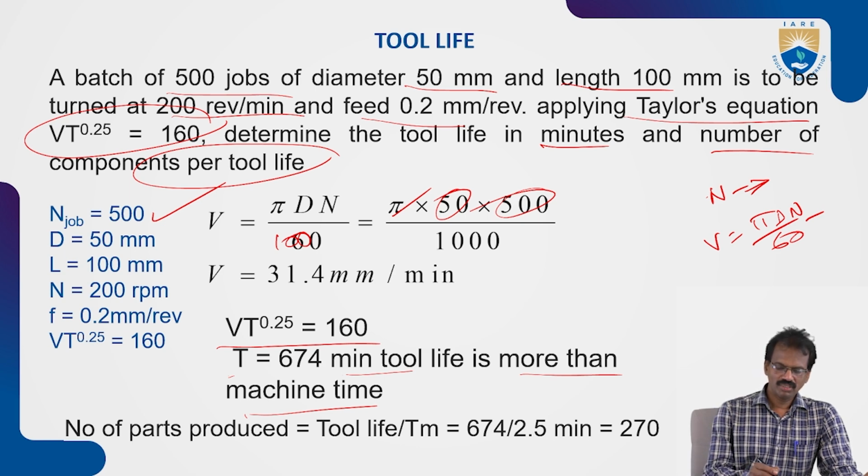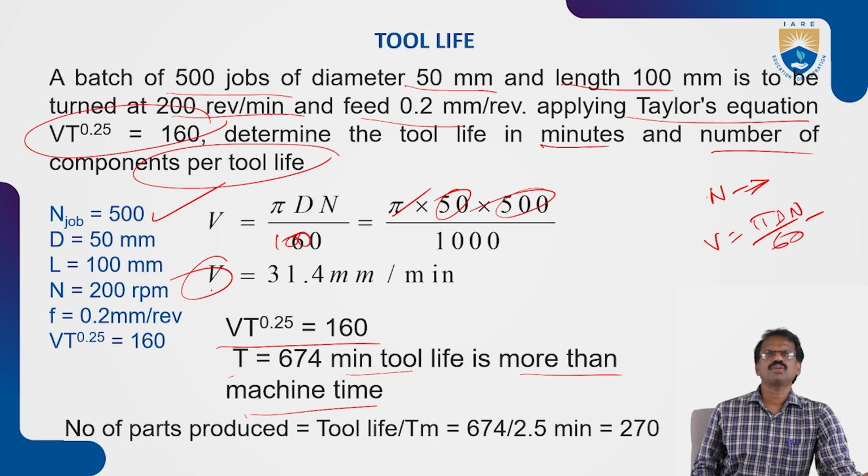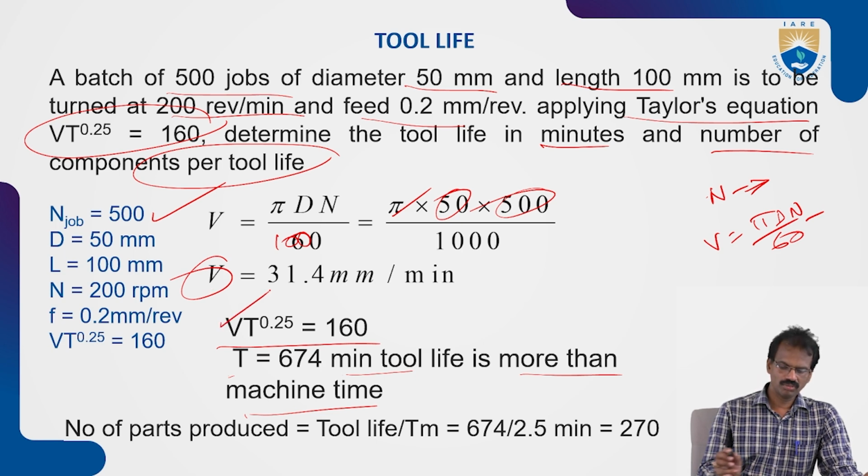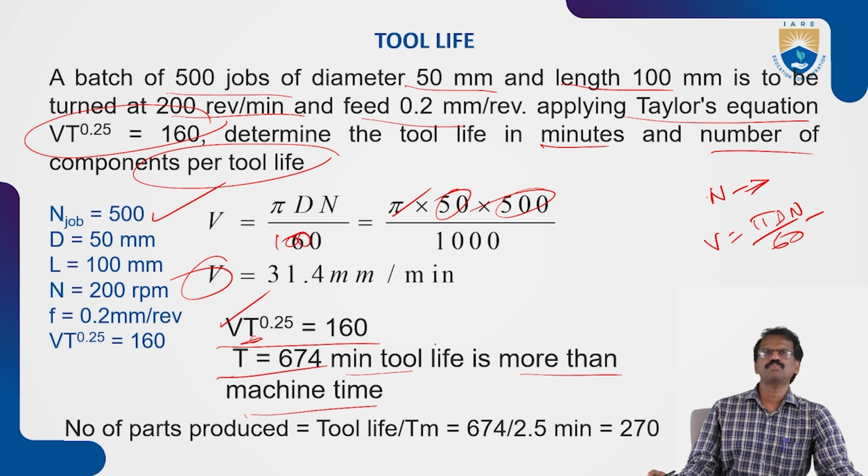If you solve this, the cutting speed is equal to 31.4 m per minute. Now we know this V. If you substitute the value of V here, then you can find the T value. So the T value is equal to 674 minutes.